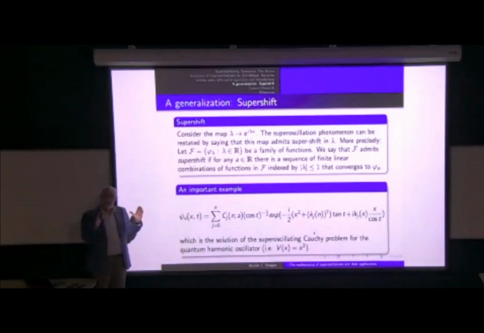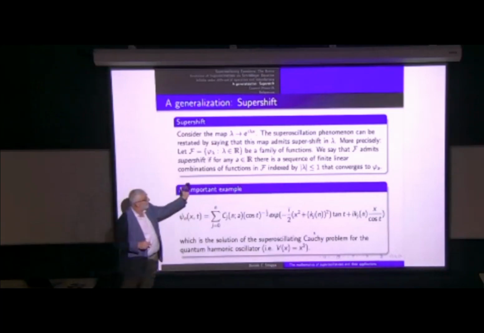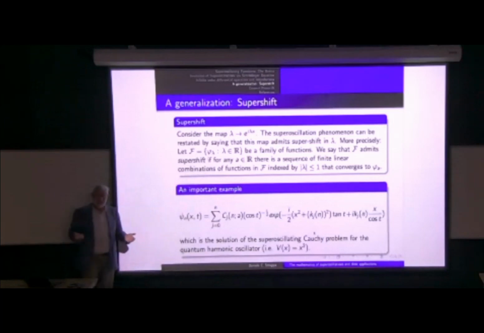So now I have a family of functions, and if I know the values of these functions only for a very small number of lambda, only lambda between -1 and 1, a discrete set of values, I can reconstruct the function anywhere. And in a way, the supershift phenomenon appears kind of odd, because it's telling you that for these families, if you know something near the origin, you know it everywhere.